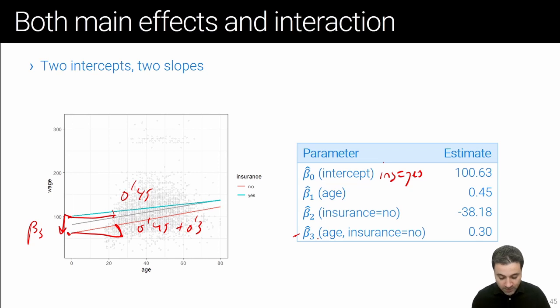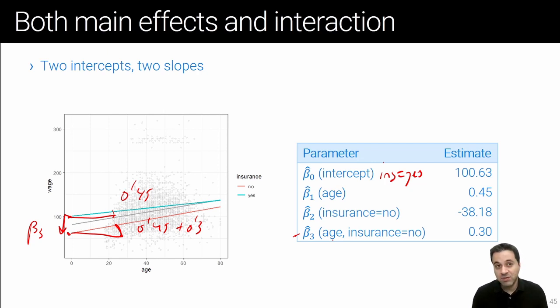And so the model here is allowing us to, again, have two different effects of the age. We are not saying both groups must have the same effect of the age. It could be different. That's what the deviation beta 3 is allowing us to do. And we're also saying that both groups might start at a different point along the y-axis.